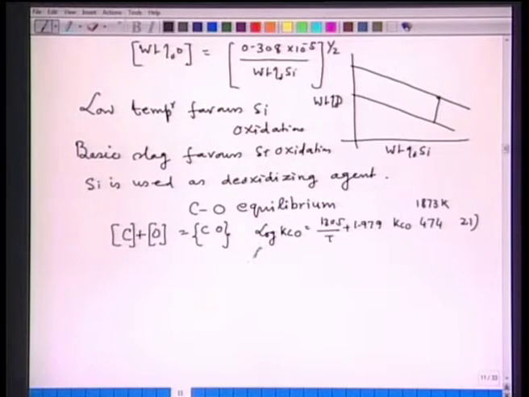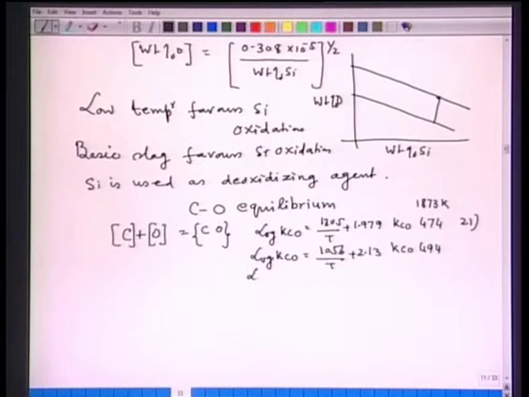Now, if I take another source, which gives log of KCO equal to 1056 upon T plus 2.13, here I get KCO 494.